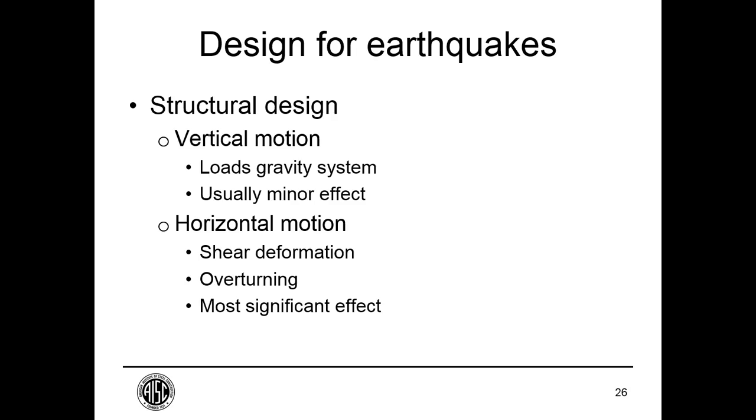It was a robust vertical system, but the lateral motions caused a lot of shear and overturning that the structures simply weren't designed for, and there was a lot of damage. So the horizontal motions are really what we focus on the most in seismic design.